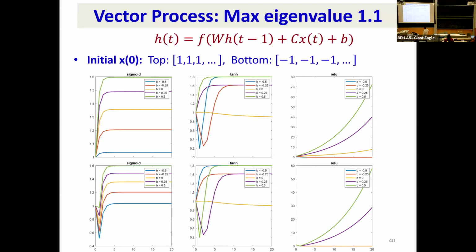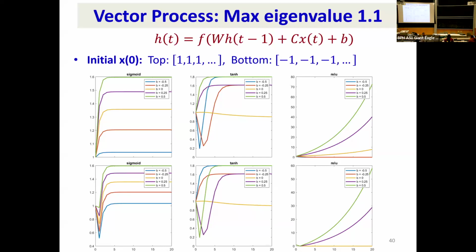And you can see that after about 10 time steps, both of them have the same response. That's for a sigmoid. This is for a tanh. Again, after about 10 time steps, both of them have the same response. In the case of the ReLU, things blow up or vanish. So the lesson remains the same, right?